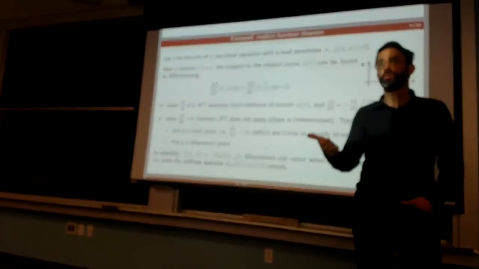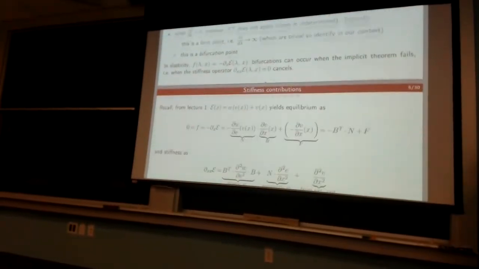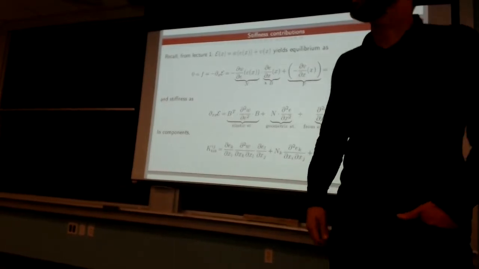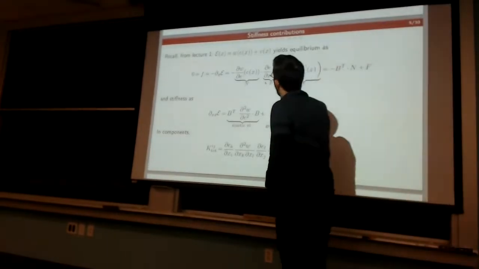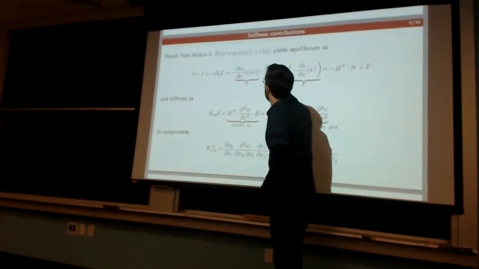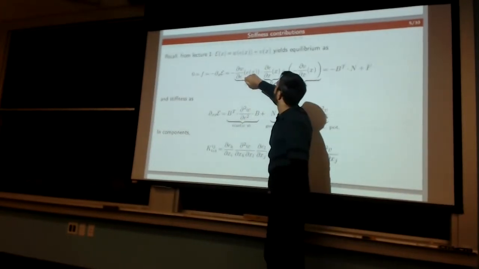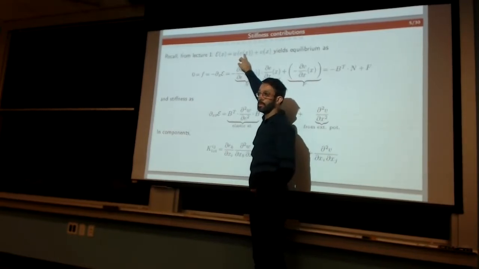Okay, so that's a single degree of freedom case, and we will review the case where we have more degrees of freedom. And since we'll be talking about stiffness, we should recall from lecture 1 that in elasticity, the energy that we are interested in has typically an elastic part, where you first define the strains as a function of the configuration.